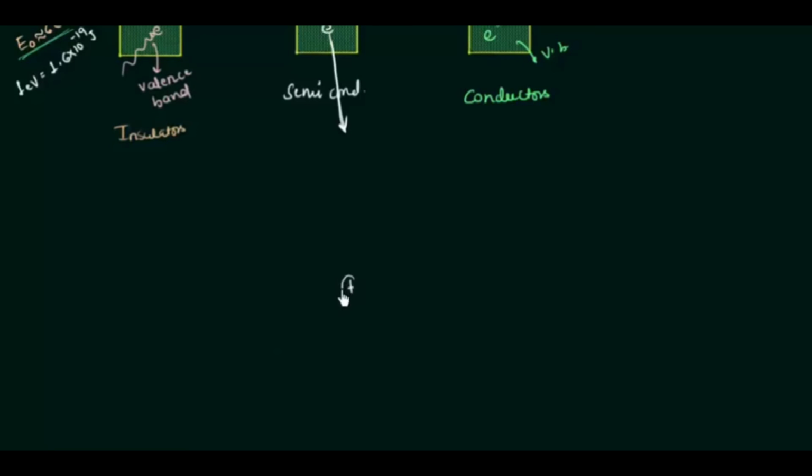This one is the nucleus. Then we have our first orbit, and in this first orbit we have 2 electrons, as I have already told you. Then we will have our second orbit, and this second orbit will have 8 electrons. Let's make these 8 electrons quickly.